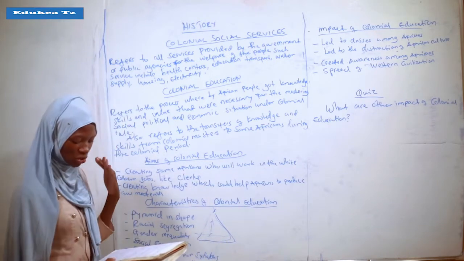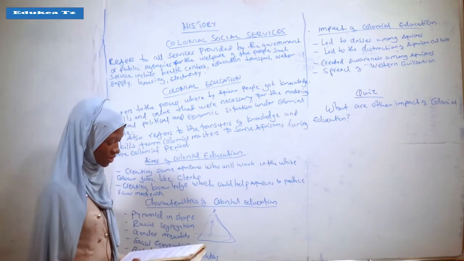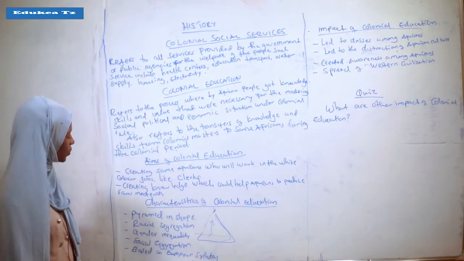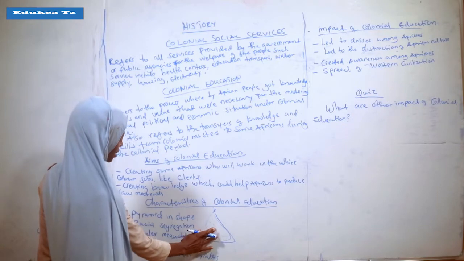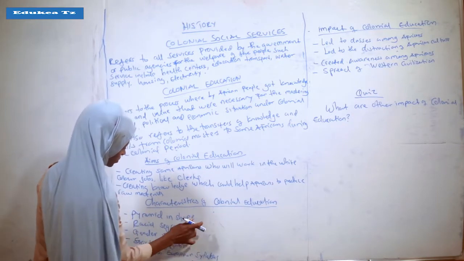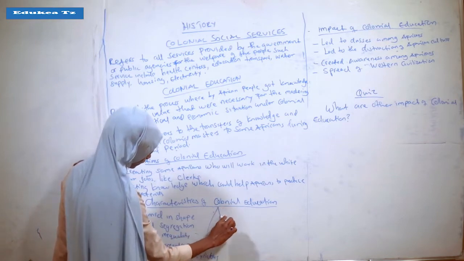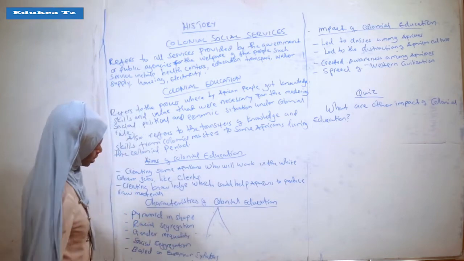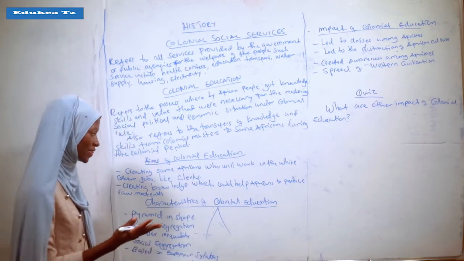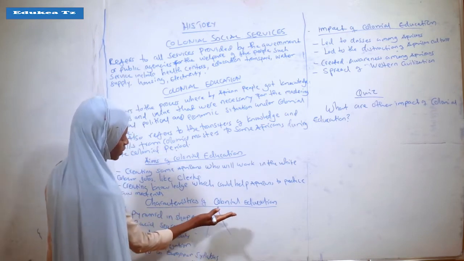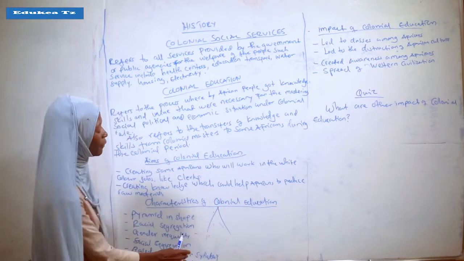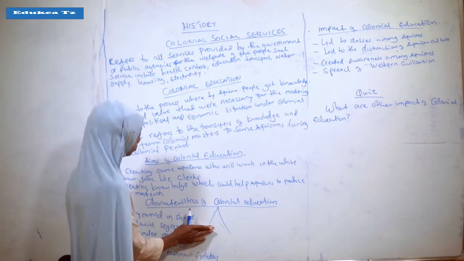Europeans were at the top, followed by Asians, and finally Africans received poor education. Coming back to this pyramid, good education was given to Europeans, then Asians, then Africans received very poor education.